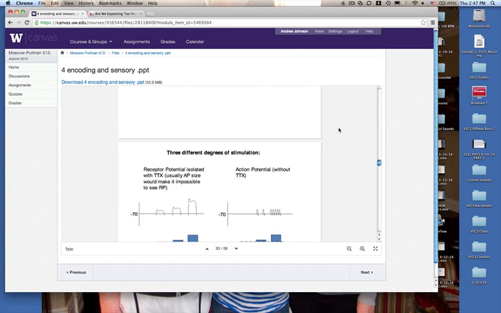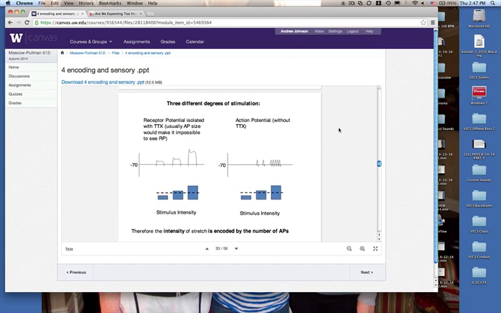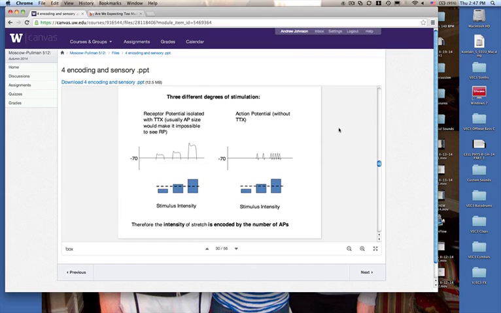So we have 3 different levels of stimulus shown here. Small, medium, large. So this is our stimulus intensity. This dashed line represents threshold, and then this plot would represent the receptor potential. So if you had a small stimulus, you might not even be aware of it.